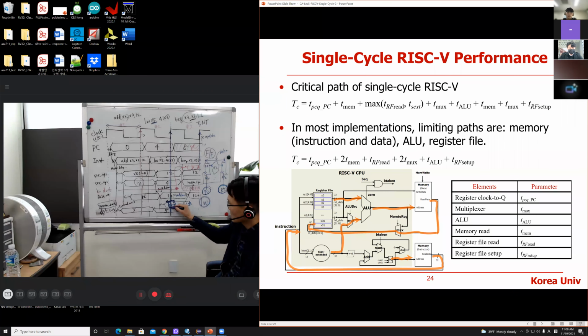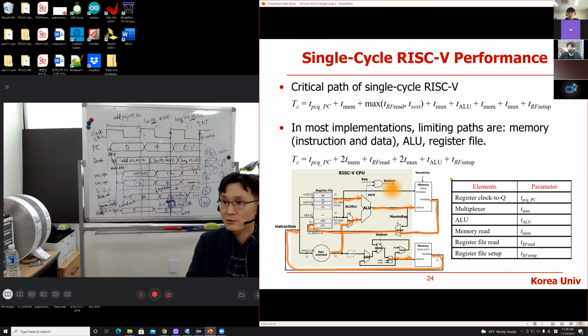Sometime before, that is called setup time. Before, one, setup time, two, hold time. We call that hold. Do not move, hold there. Setup and hold time.